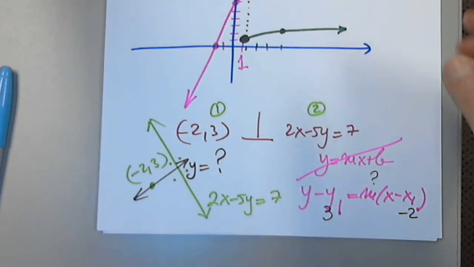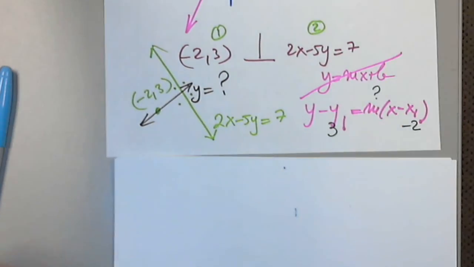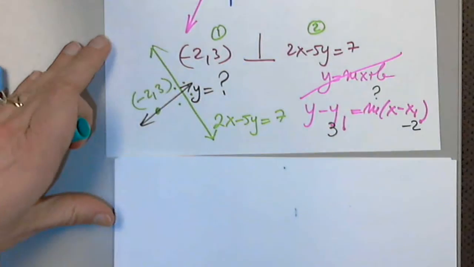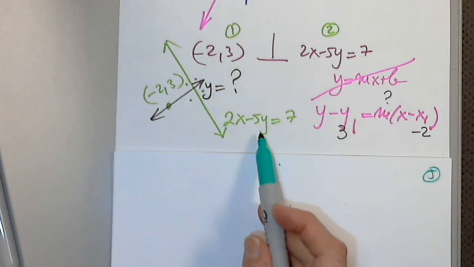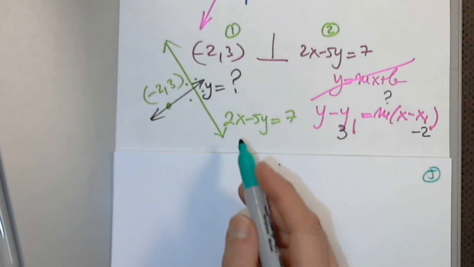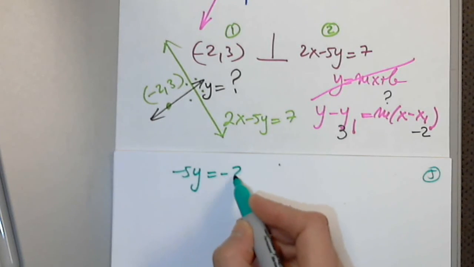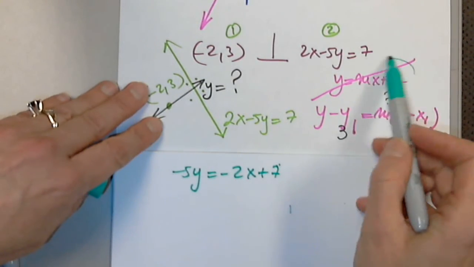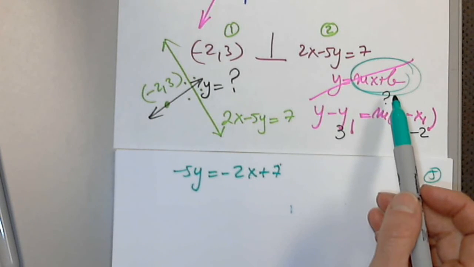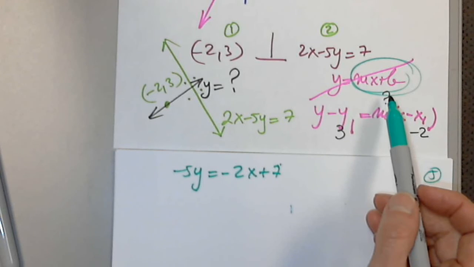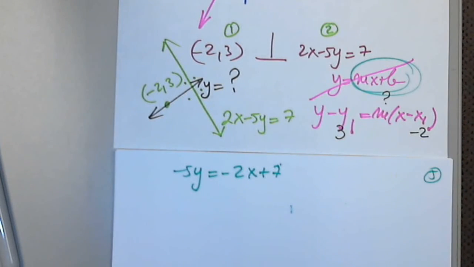Okay, so let's solve the green equation for y. So the first step would be to subtract 2x, yes, negative 5y equals negative 2x plus 7. Notice that I arranged it already in the correct order, because who knows what I'm going to do next if I can identify something else. Okay, and then what do I have to do?